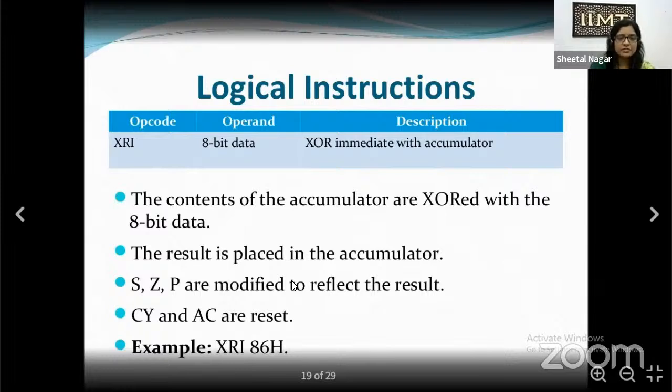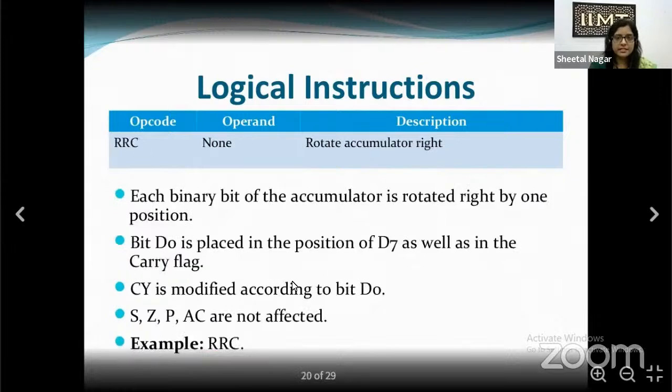After execution of this instruction, the 8-bit data immediately will perform an XOR operation with the contents of the accumulator. After execution, the sign flag, zero flag, and parity flag will be modified to reflect the result, and carry flag and auxiliary carry flag will be reset.